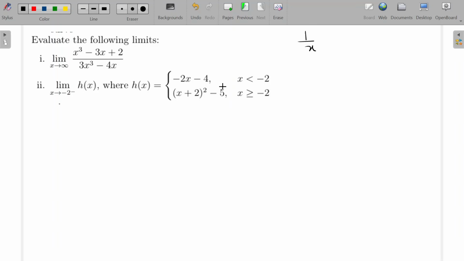If I was to ask, when you have 1 over x squared and 1 over x as x approaches infinity, hello?